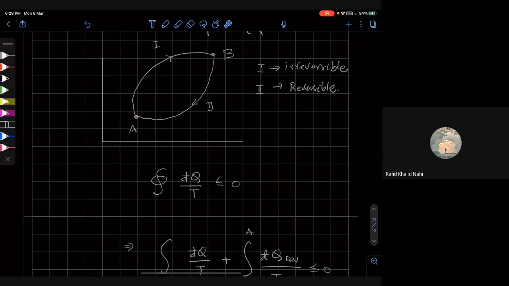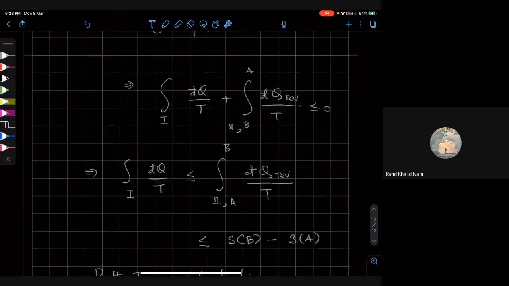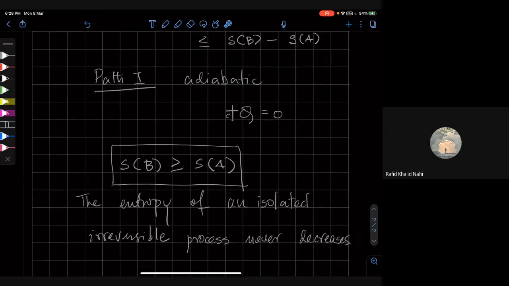A was before, B was after. And therefore, we are saying that for an isolated, irreversible process, entropy can only increase with time. Well, it can either increase or stay the same.